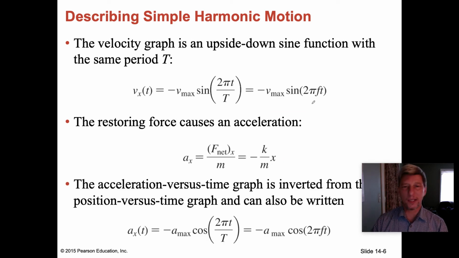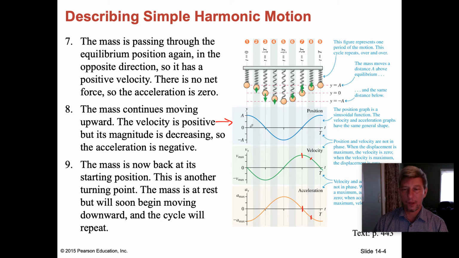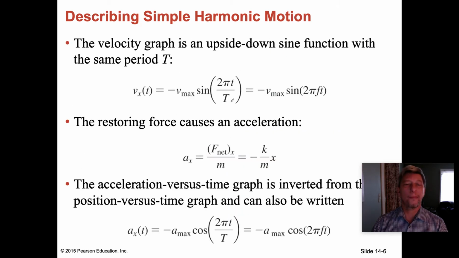The velocity time graph is an upside down sine function. Okay, and you can see that here. And so v of t is equal to the opposite of v max times the sine of 2 pi t over the period, or, darn it, negative v max times the sine of 2 pi times the frequency times the time.